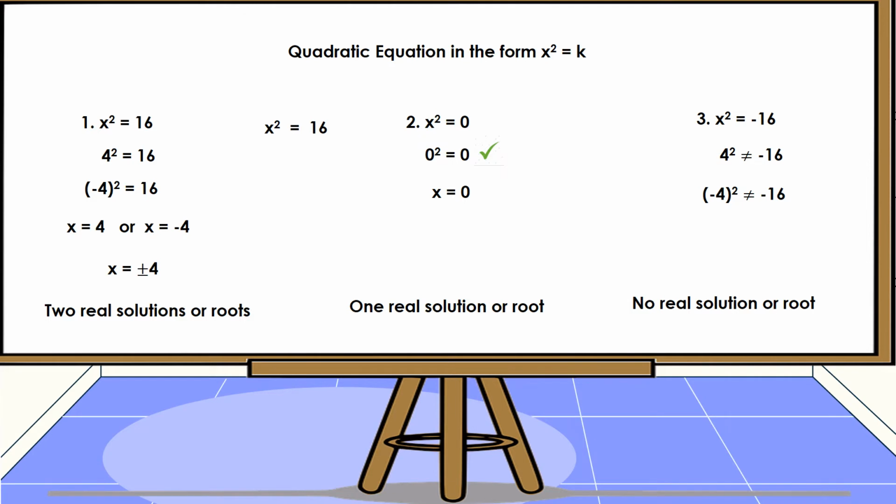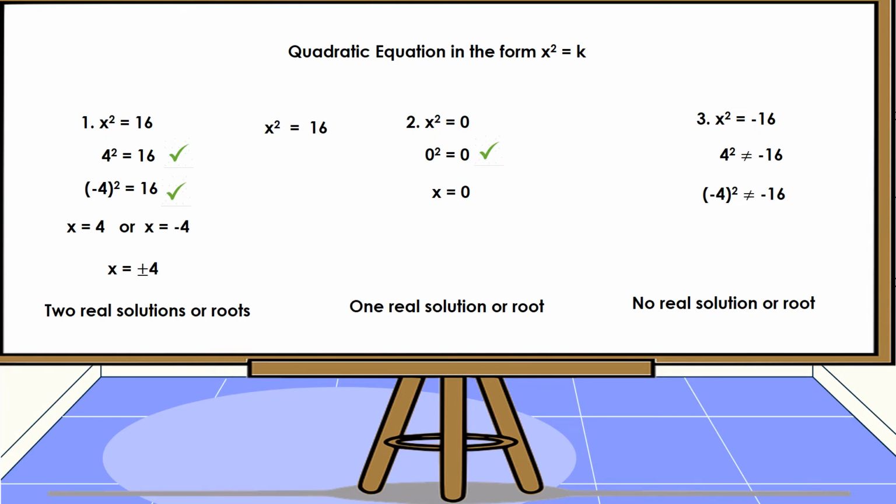Yes, 4. Because 4 squared is 16, and that is true. How about negative 4? Will it also give us 16? Negative 4 times negative 4 is also 16. So that is also correct. So the roots of the given in number 1 are 4 and negative 4.